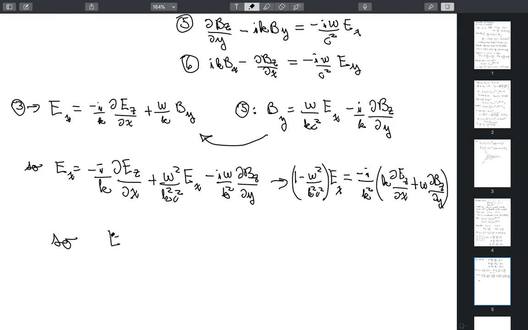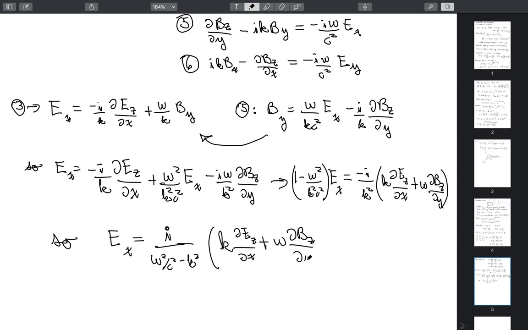So that tells me that Ex is equal to, I can take the minus sign into here, so I get omega squared, remultiplied by k squared everywhere, take the minus sign in, so I get i over omega squared over c squared minus k squared times k dEz/dx plus omega dBz/dy.